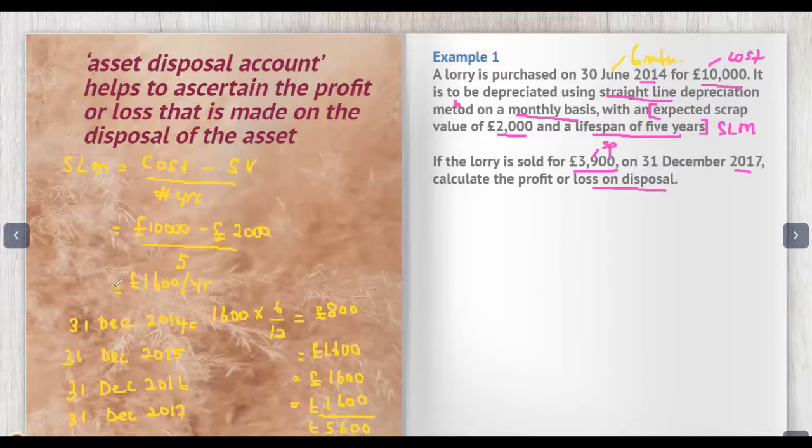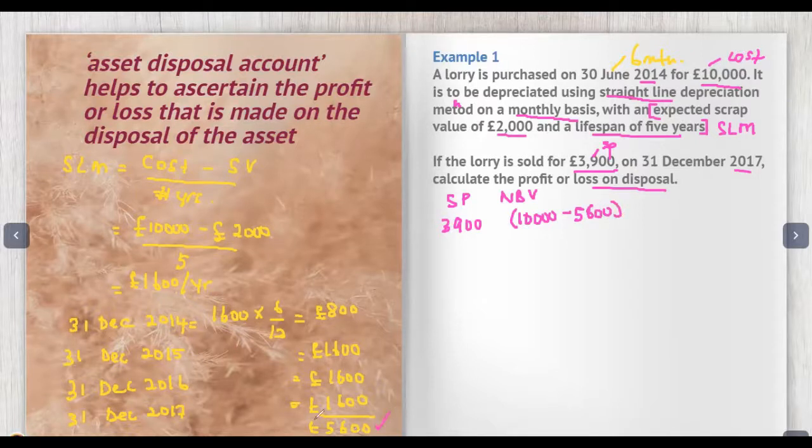You have done the depreciation table. Let's try to find out the gain or loss on this lorry that we disposed of, using the difference between the selling price and the net book value. Now the selling price, as we know, is 3,900 pounds, whereas the net book value is 10,000 minus 5,600. Where did we get this 5,600?